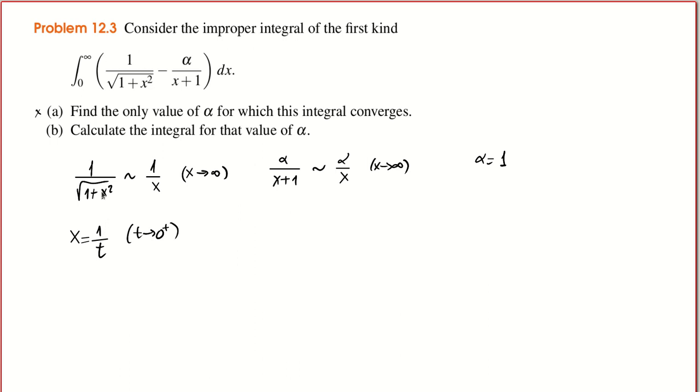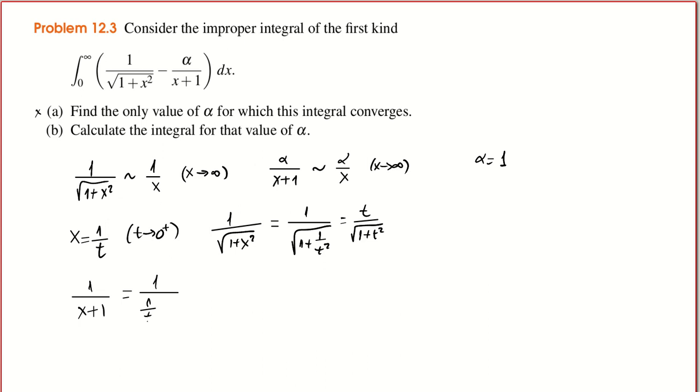Then if we make this substitution, 1 over square root of 1 plus x squared is 1 over square root of 1 plus 1 over t squared. And if we multiply, then we end up with this other function. Similarly for this one, if we write it in terms of 1 over t, we have 1 over t plus 1, which is t over 1 plus t.